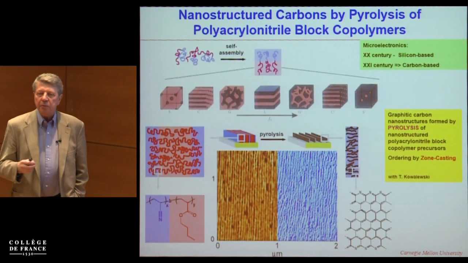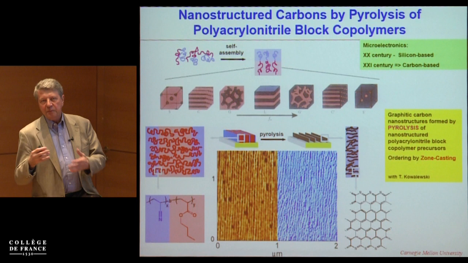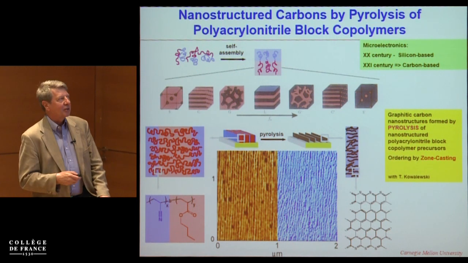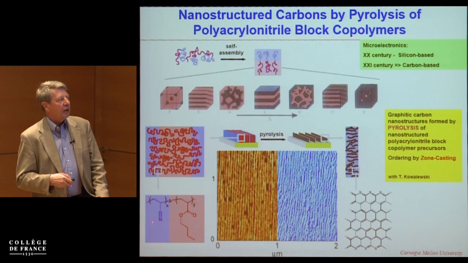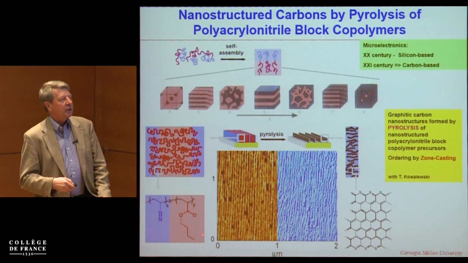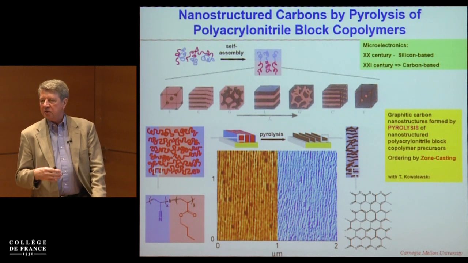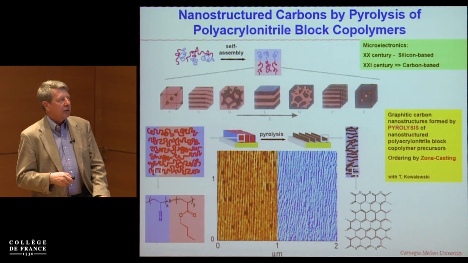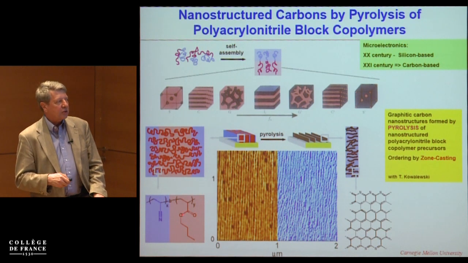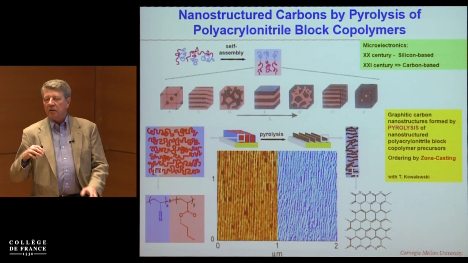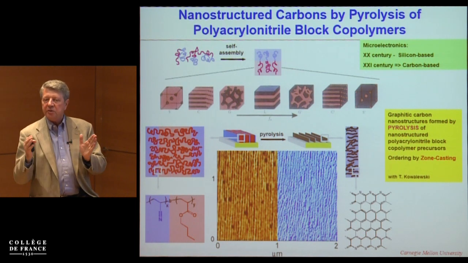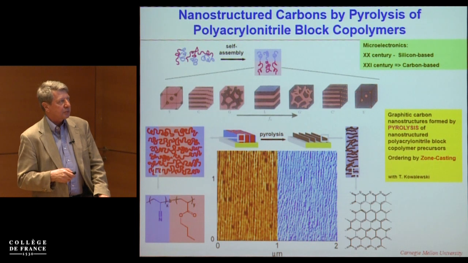So soft templating is probably a little bit easier for polymer chemists who are not organic-inorganic hybrid people. We start with a block copolymer of polyacrylonitrile and typically a sacrificial block, in this particular case polybutyl acrylate. They do not mix together, so they would phase separate, depending on, of course, volume fraction, but also to some degree on molecular weight distribution, because as I explained last time, dispersity may also affect morphology in some sense.